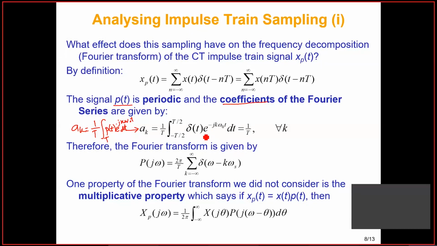This delta t exists in this entire duration while it exists only at t equal to 0. So at t equal to 0, we end up getting the value 1 here and value 1 here. So the whole thing is just 1. So a k is just 1 over T for all k. Now from this a k, we can just write the Fourier transform.